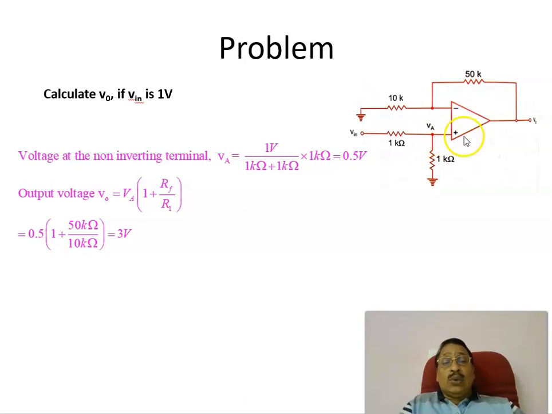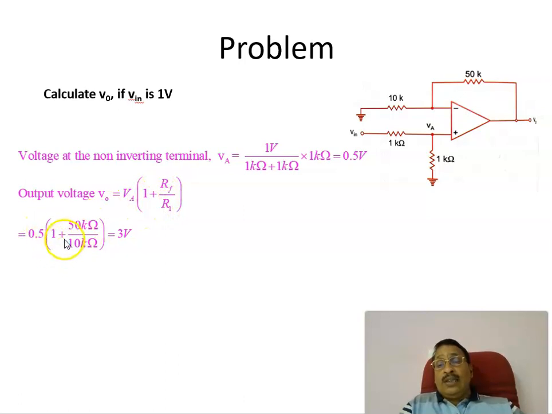Once you get this voltage VA at the non-inverting terminal, the output voltage is given by 1 plus RF by R1 into VA.